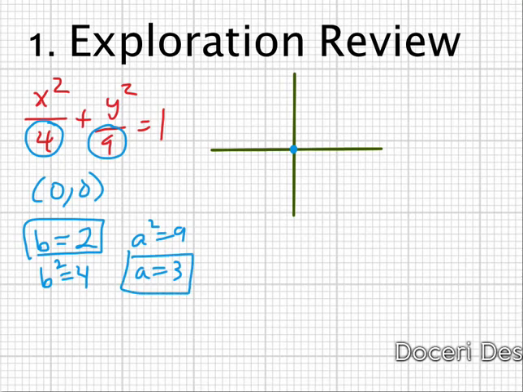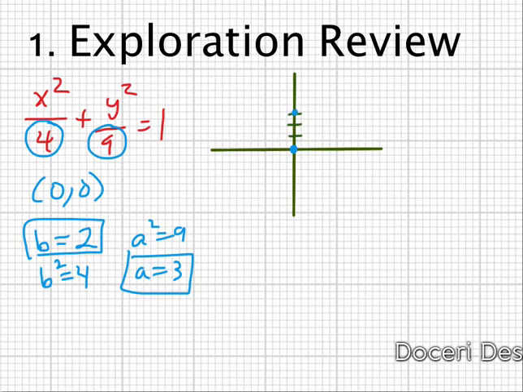Now if you remember from an ellipse, when I graph an ellipse, the a value is the longer length. It relates to my major axis. And again, you can tell which direction you go because that 9 is under the y squared. So I'm going to go up from my center 3 units and put a new point, 1, 2, 3, right here.